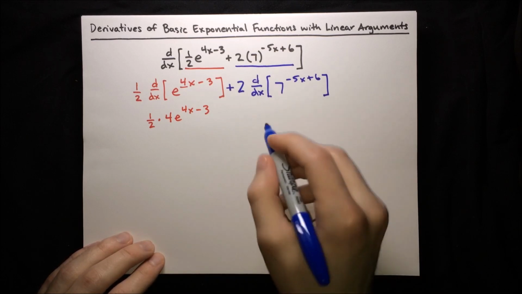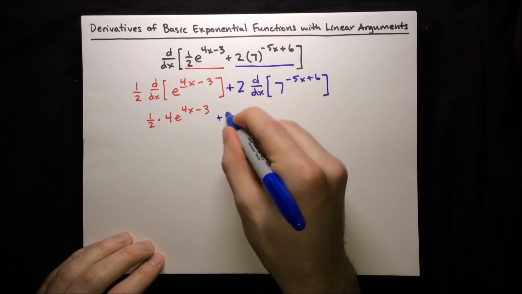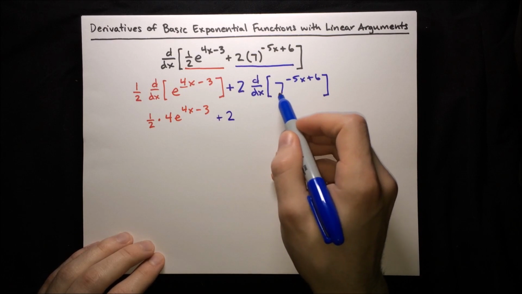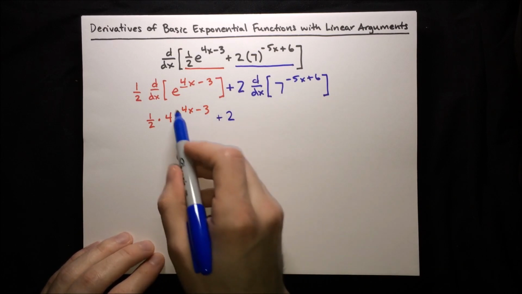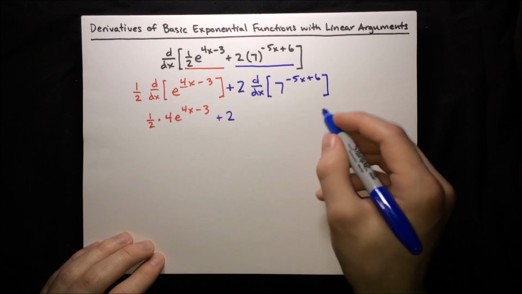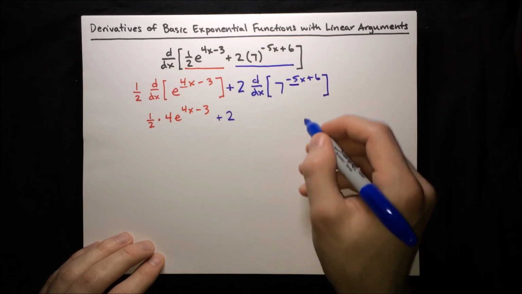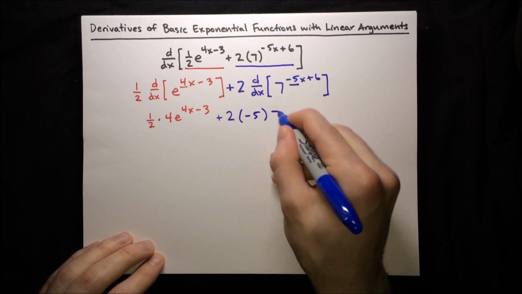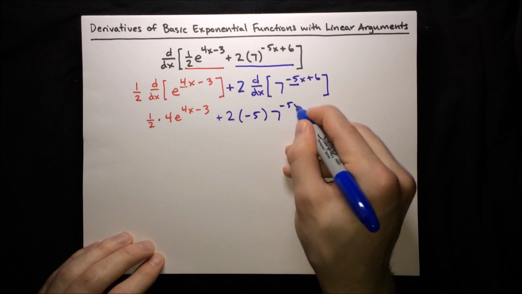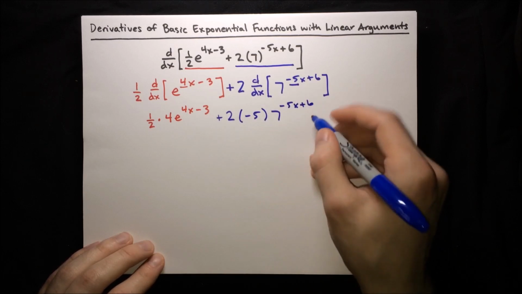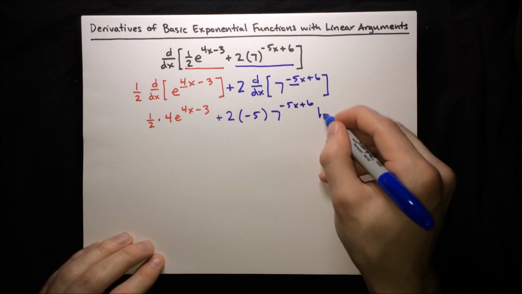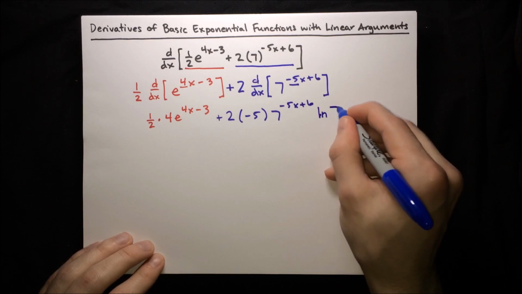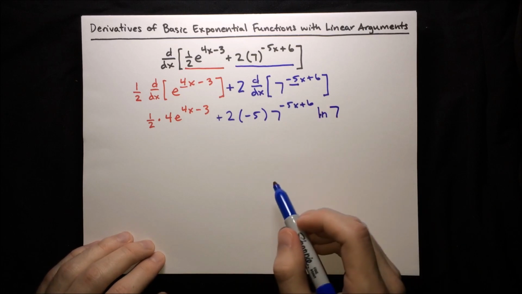And then for the other expression, it's pretty similar. The general rule for any base a is pretty similar to the original base e rule. We move out the x coefficient in front, so 2 times negative 5 times 7 to the negative 5x plus 6, but the only difference is that also we have to multiply by the natural log of 7, the base, at the end.